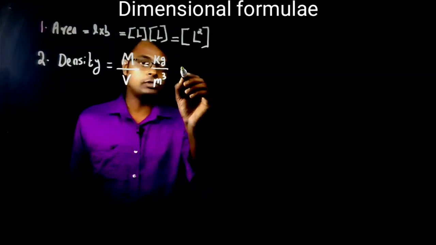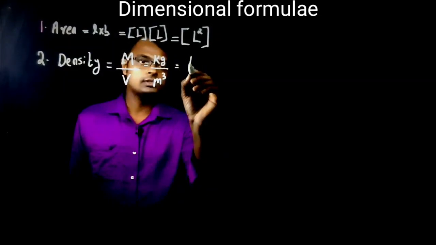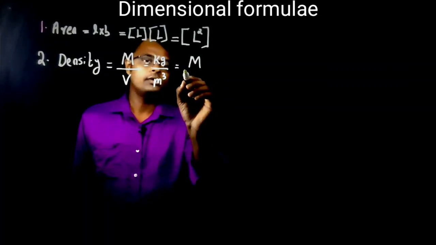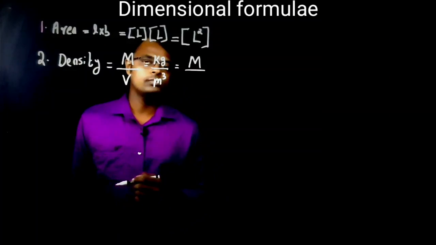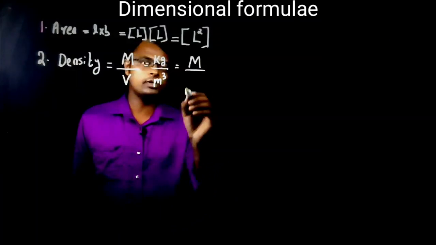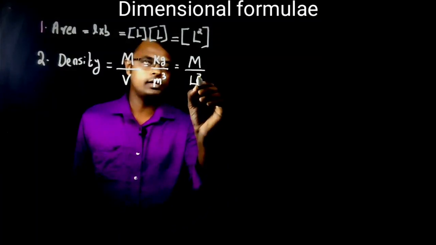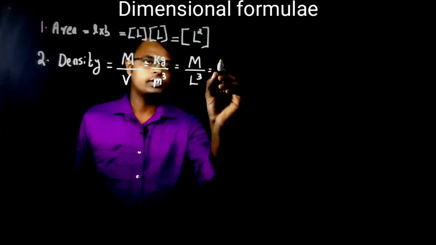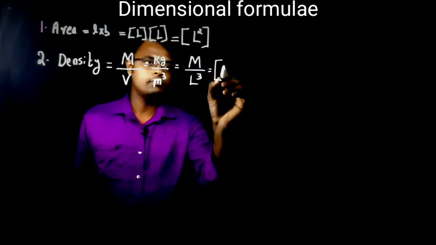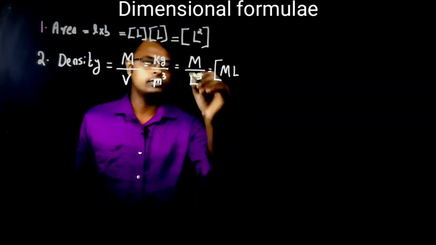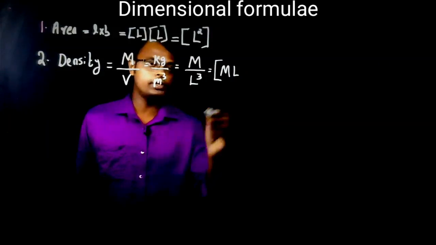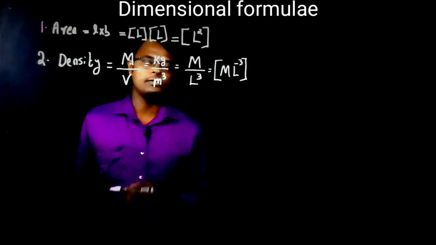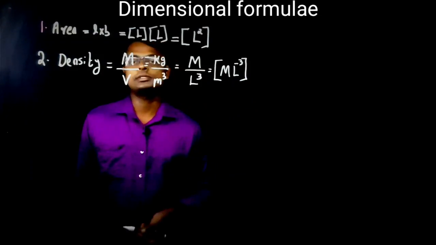For the dimensions, mass is capital letter M in square bracket, divided by meter cube, which is a length unit. So what is the dimension of that? We can write L cube. So the dimensions of density are M divided by L cube. If you take it into the numerator, it becomes M L to the power minus 3.